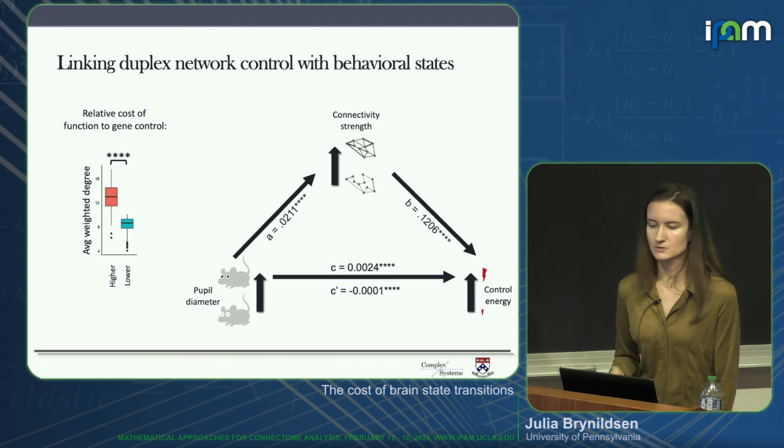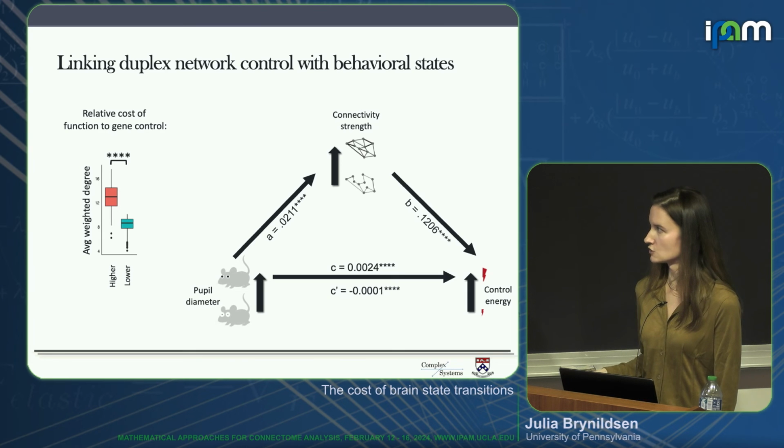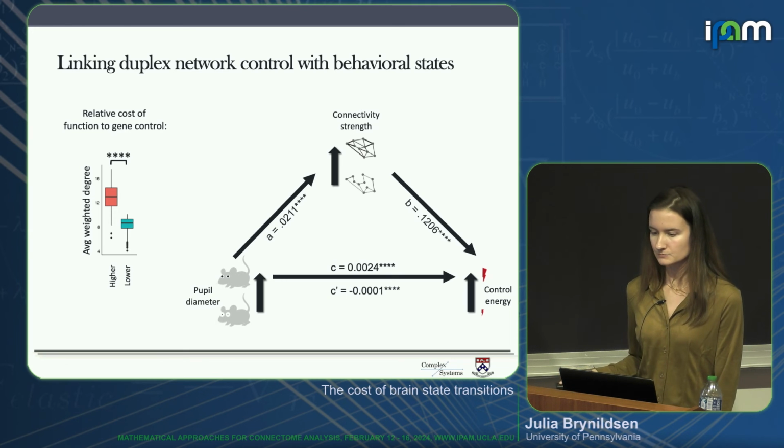Also related to control energy is the strength of connectivity across the network. So here I just looked at the relationship between control energy and average weighted degree. And we can see that control energy tends to be higher when average weighted degree is higher.